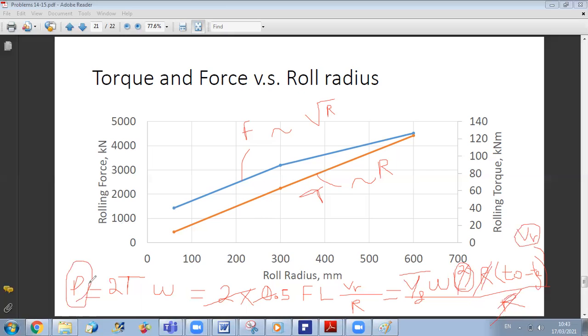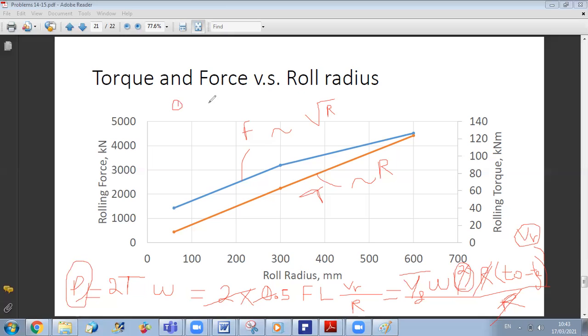And what conclusion can I make here? If I can reach the same power with a smaller force and smaller torque, it's better. So when I use a smaller roll, I can achieve the same work because I have the same power, but with a lower force and torque. This is the justification of configurations with small rolls.